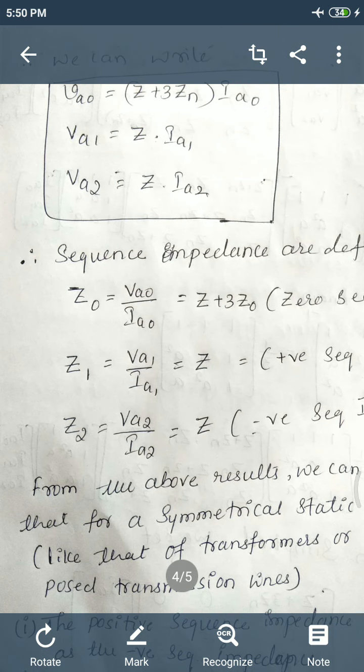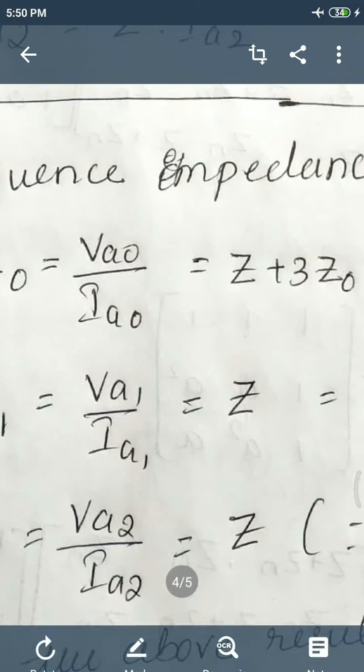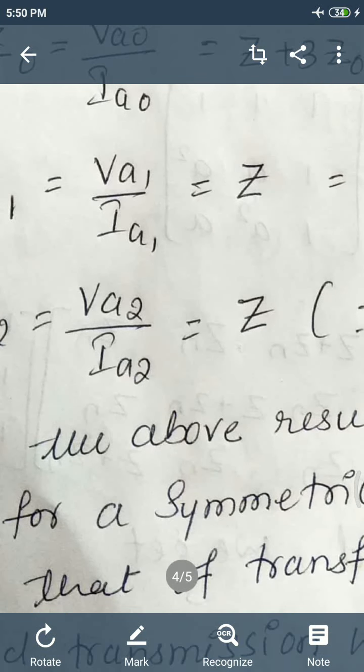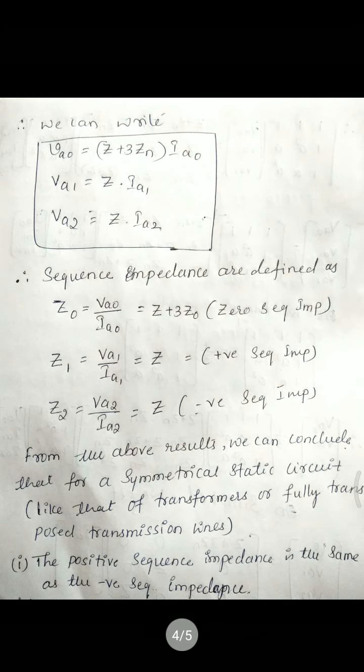Similarly, Z2, the negative sequence impedance, will be VA2 divided by IA2, which is equal to Z. This is your negative sequence impedance.